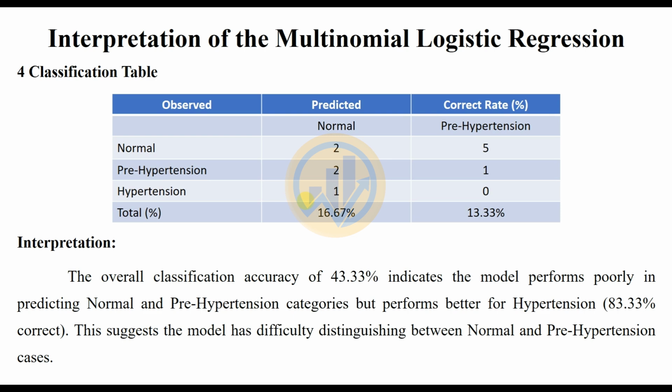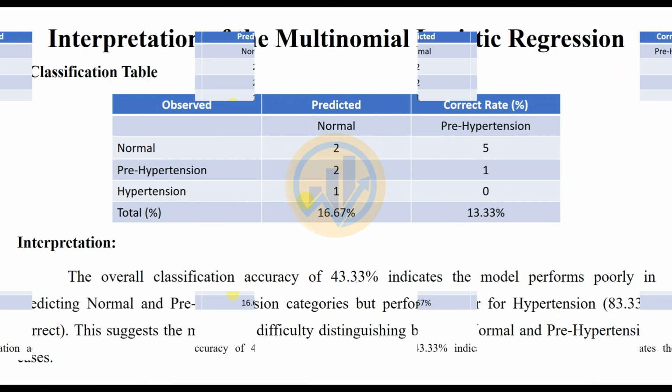The interpretation of the classification table: the overall classification accuracy is 43.33%, indicating the model performs poorly in predicting the normal and pre-hypertension categories but performs better for hypertension at 83.33%. This suggests the model has difficulty discriminating between the normal and pre-hypertension cases.